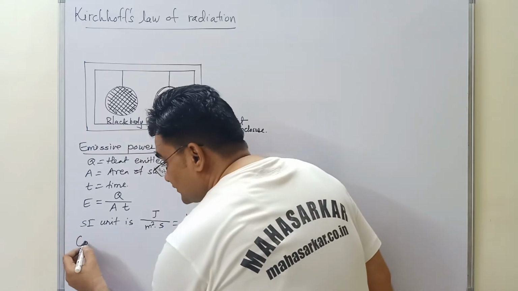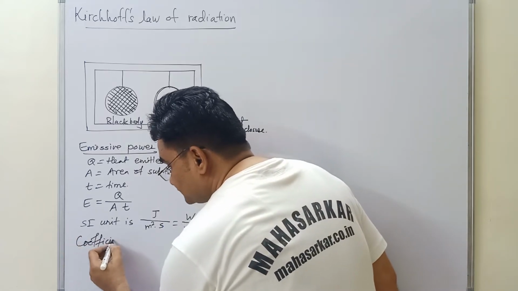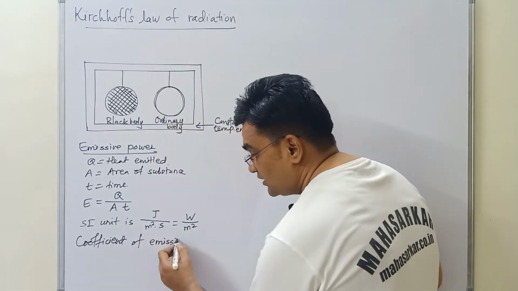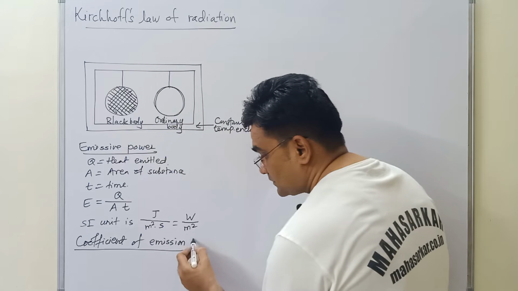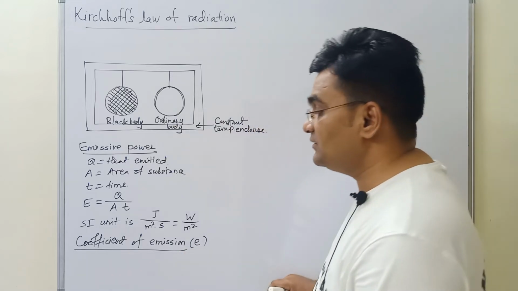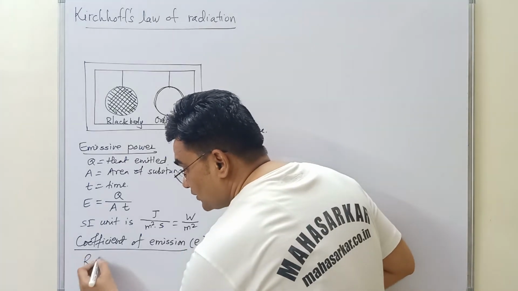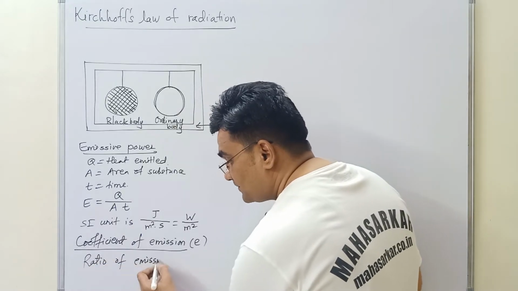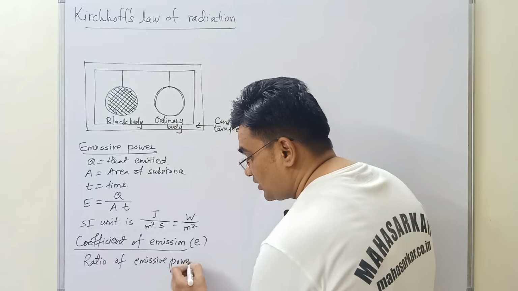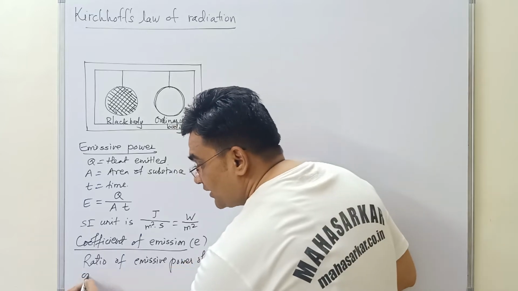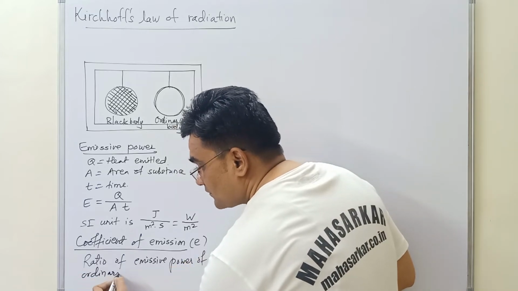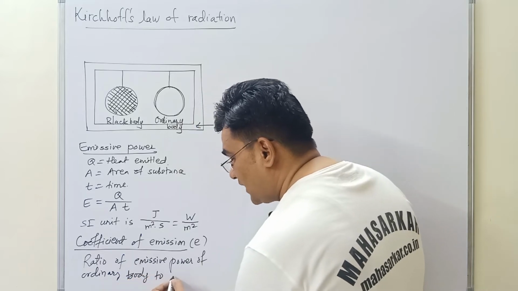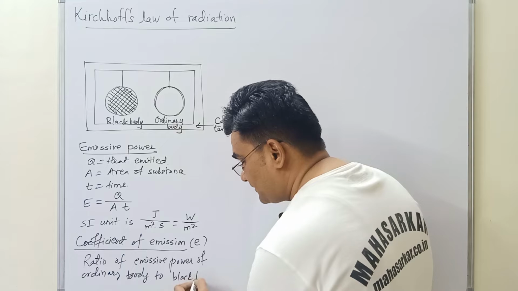Then the next term is coefficient of emission. Now what is coefficient of emission? It is the ratio of the emissive power of an ordinary body to the emissive power of a black body.